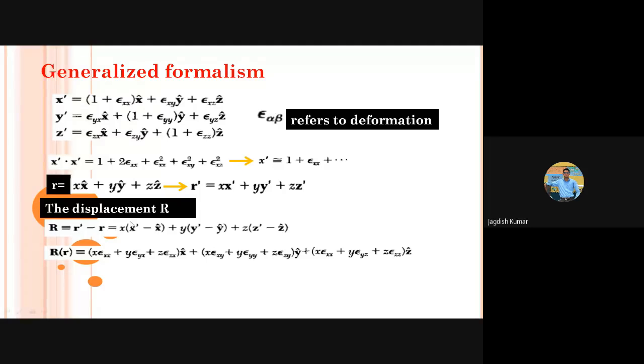And because this first term is multiplied with x, this is why it is x into epsilon xx, y into epsilon yx, similarly z into this. That is how you can get these terms. This is very simple and straightforward.